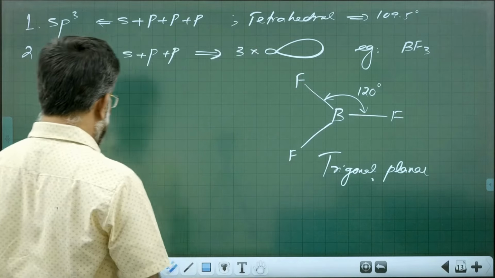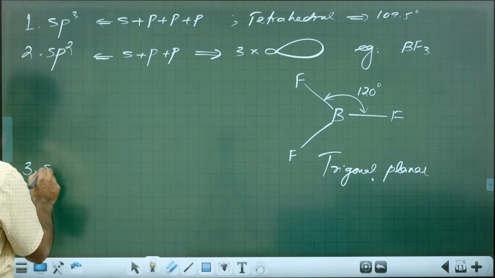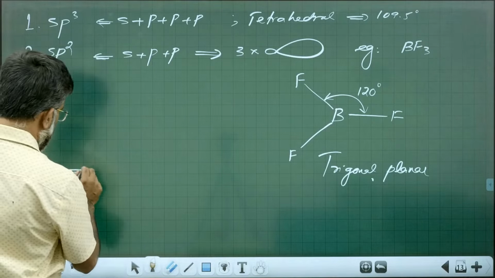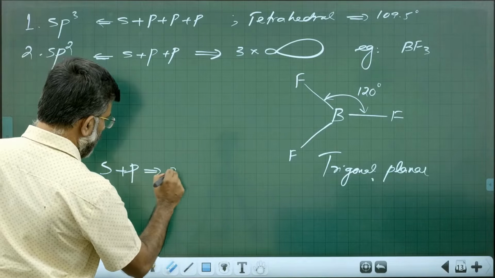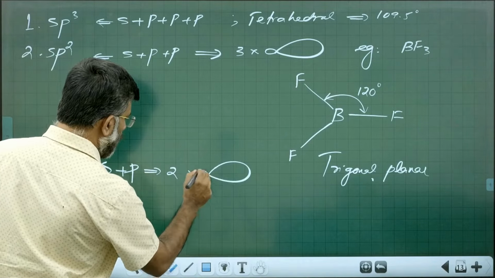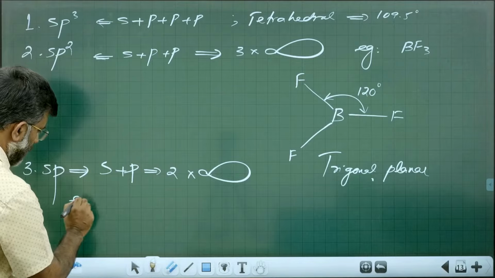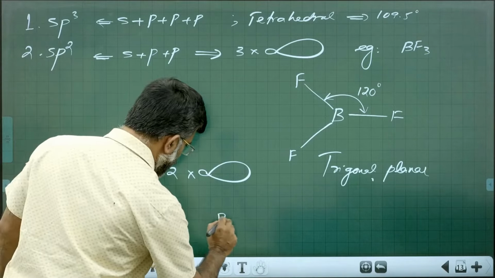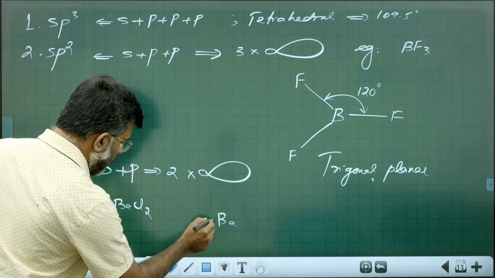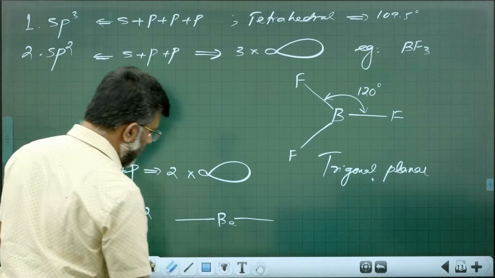What about sp hybridization? The third one. sp hybridization is by one s orbital and one p orbital. You have two new hybrid orbitals. Example, BeCl2. Beryllium is the central atom, with one orbital to the left, one orbital to the right.